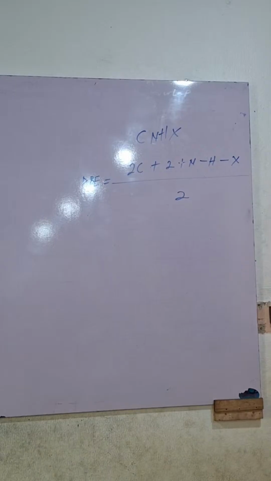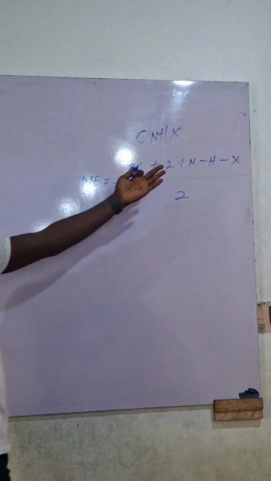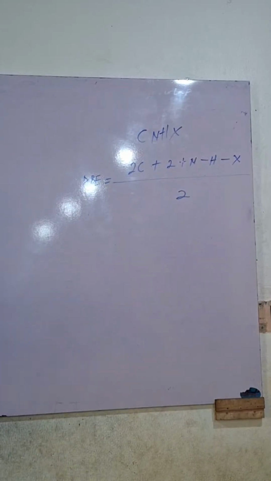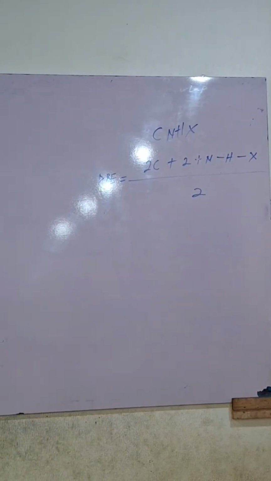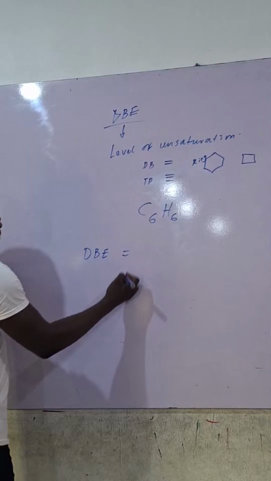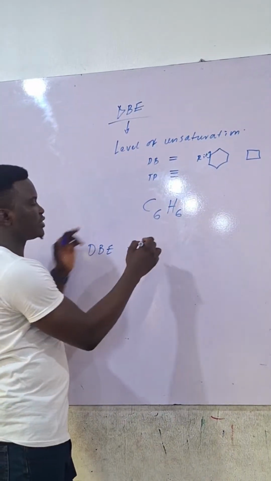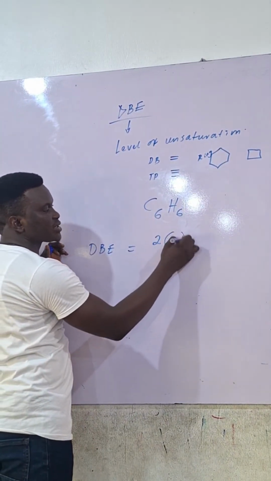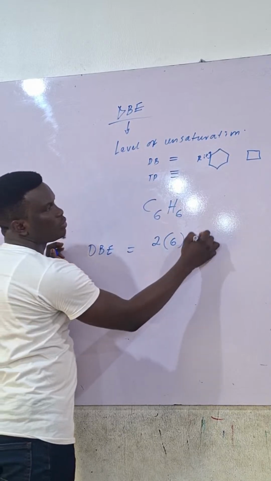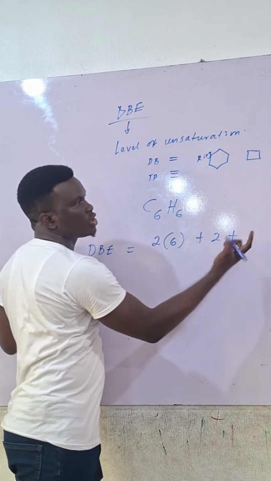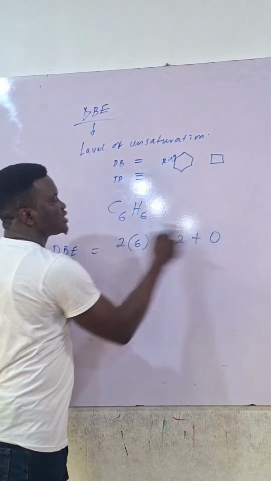So now, in this place, we do not have nitrogen, but we have hydrogen and we have carbon. So DBE is going to be, how many carbon do we have? 6. So that will be 2 times 6, plus 2, plus, we don't have N, so that will be 0.